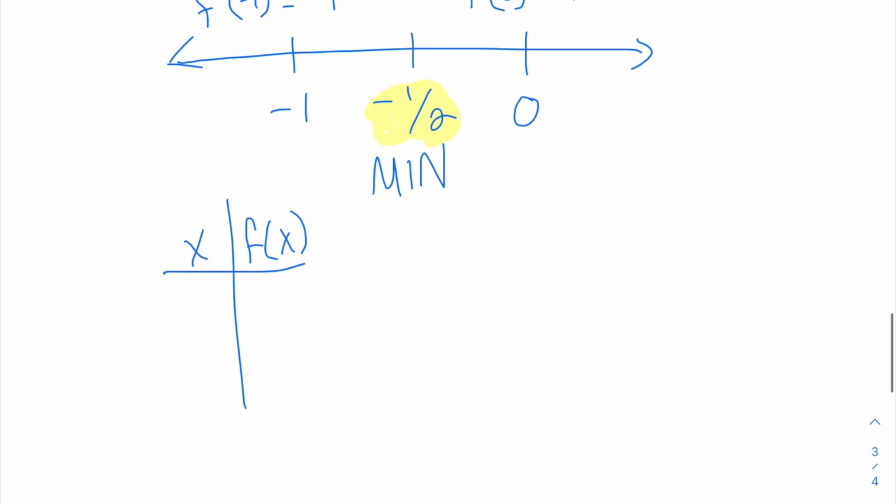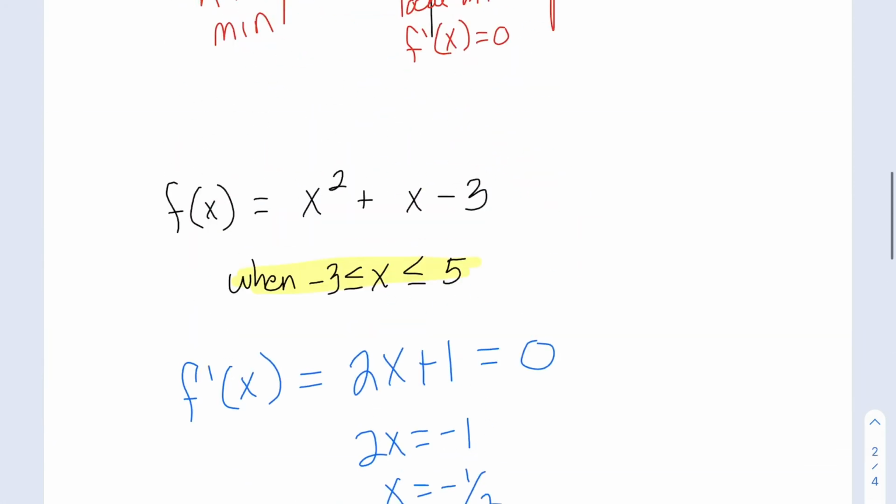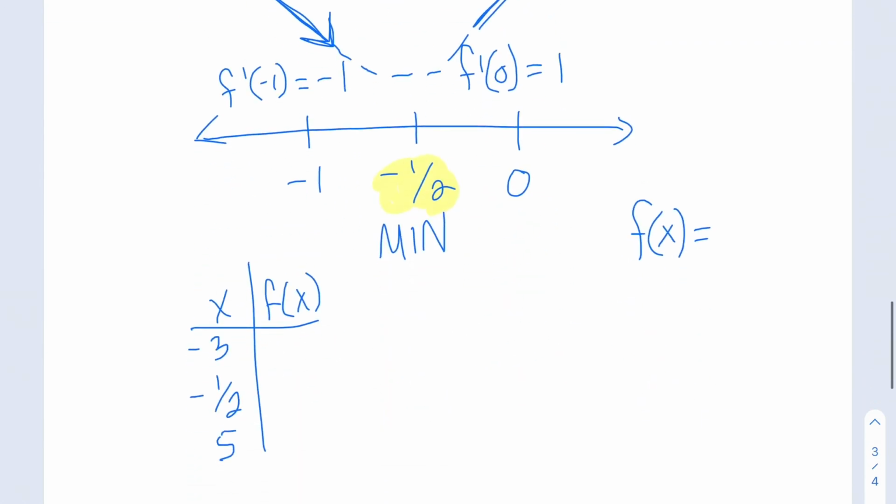So I know that I have at least a local minimum. It might be the absolute minimum, but to test it out, I have to test negative 3 for x. I have to test the critical point, which is negative 1/2, and I have to test the other endpoint of positive 5 to see what results I get for f of x. And just to write it out again so we don't have to flip back and forth, f of x was equal to x squared plus x minus 3.